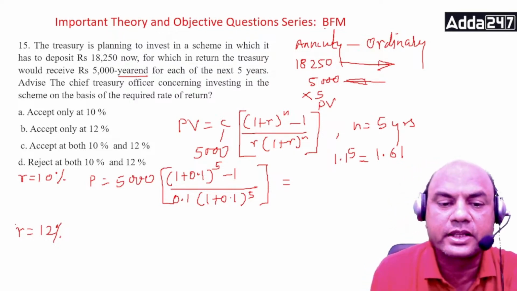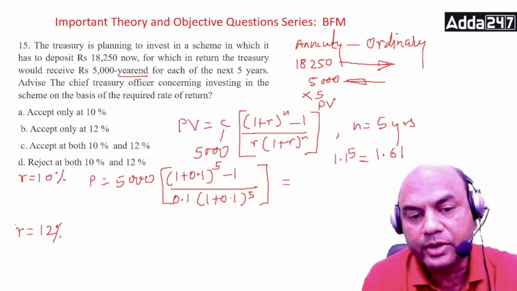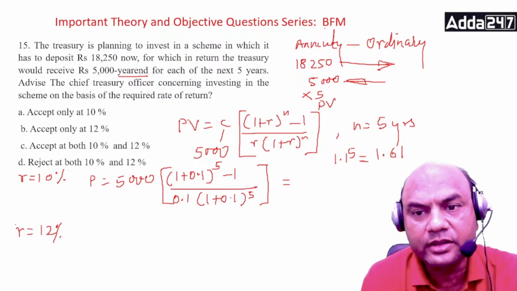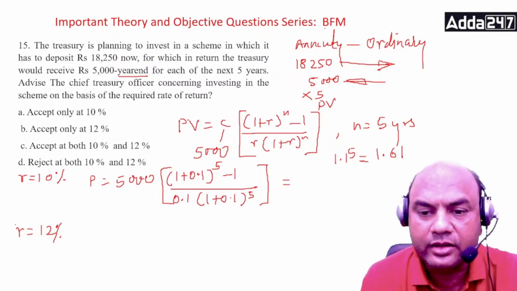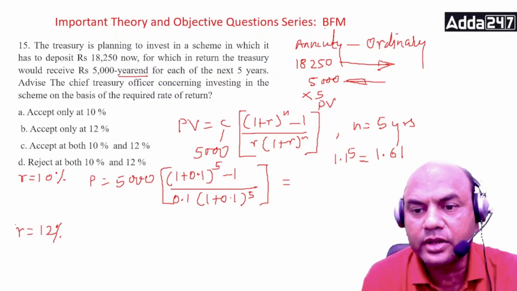So it is 5000 into (1.61 minus 1). 1.61 minus 1, so it is 0.61. Do it everyone. This is your JAIIB. In JAIIB also you had the same problem, right? Upon R, this is 0.1, upon again 1.61.